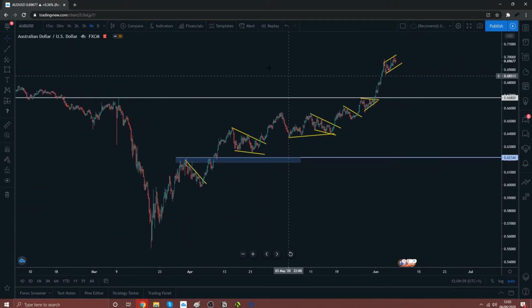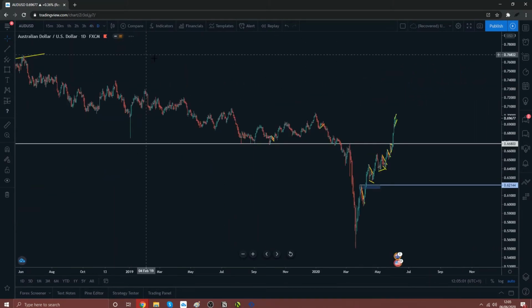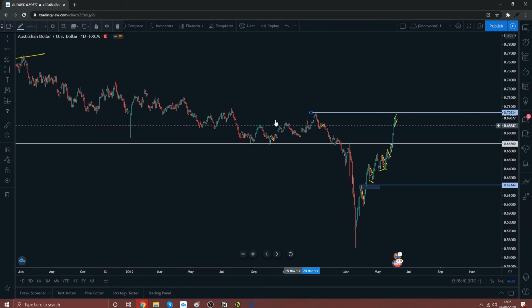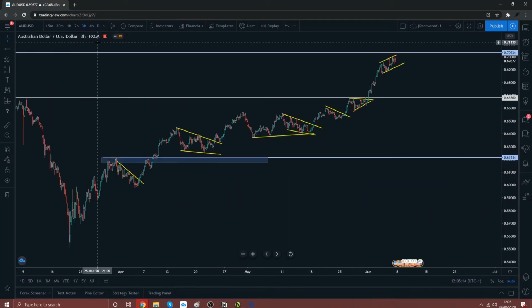But this Aussie dollar, US dollar, I believe, is approaching this resistance here, and for me, it's the way it's approaching it. Its momentum to the upside is starting to slow.